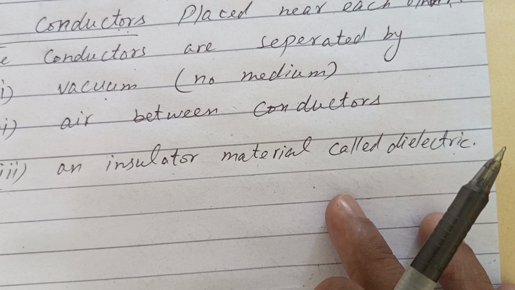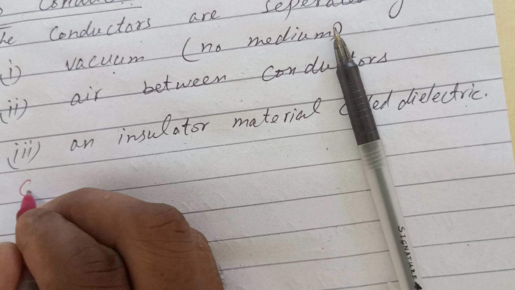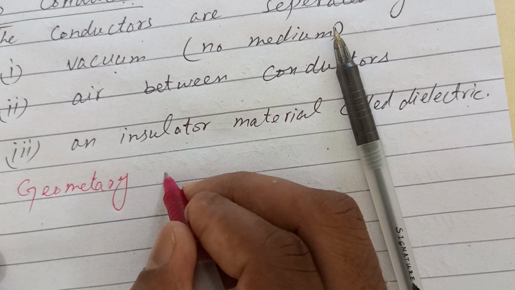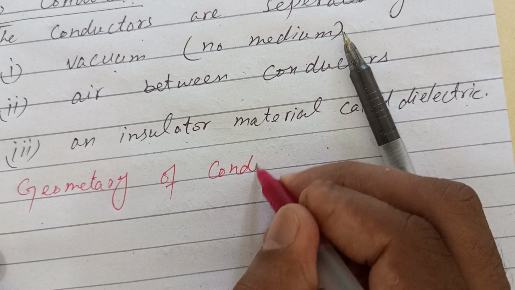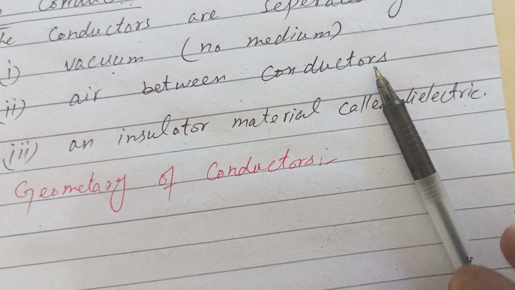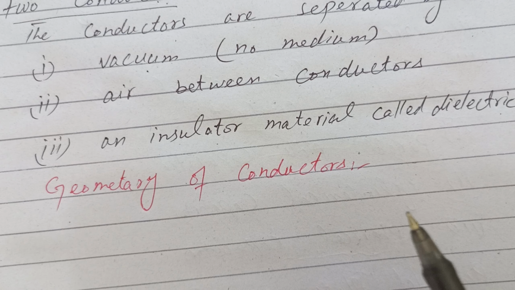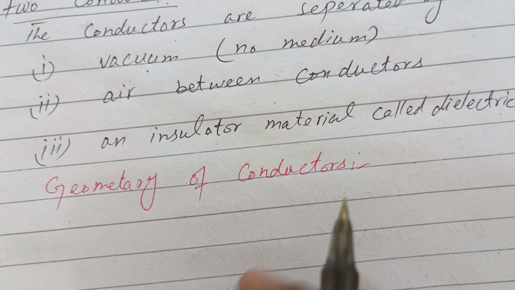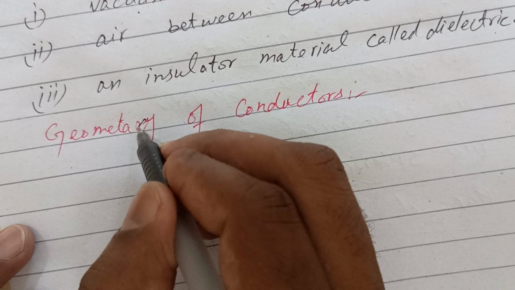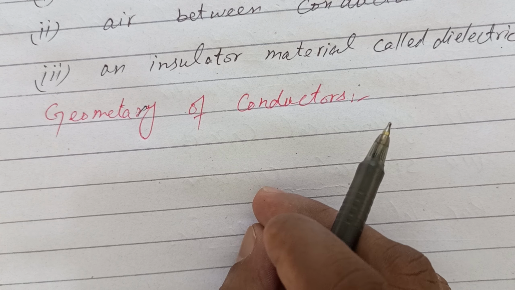Now we talk about the shape of conductors, and we name it as the geometry of conductors. Are the conductors in the form of a rod? Conductors can be in the form of a plate, in the form of a cylinder, or which type of shape do the conductors have? So depending upon the geometry of conductors, we can name a capacitor.